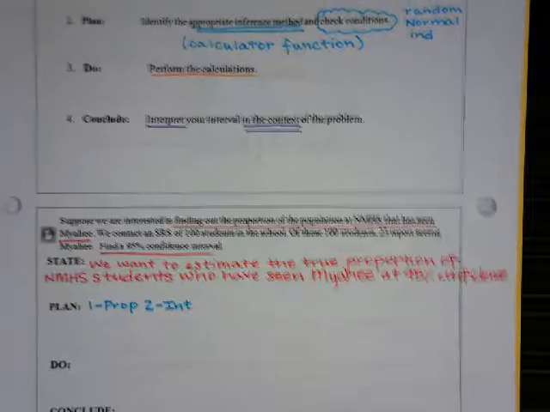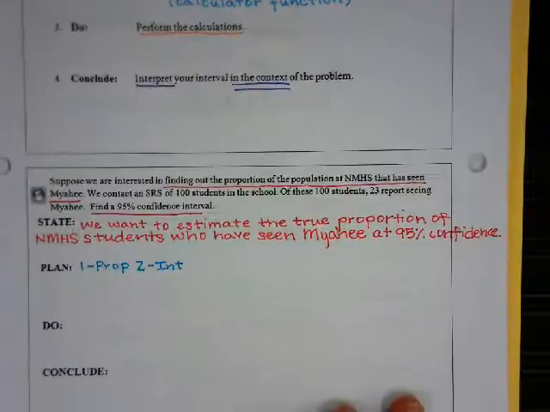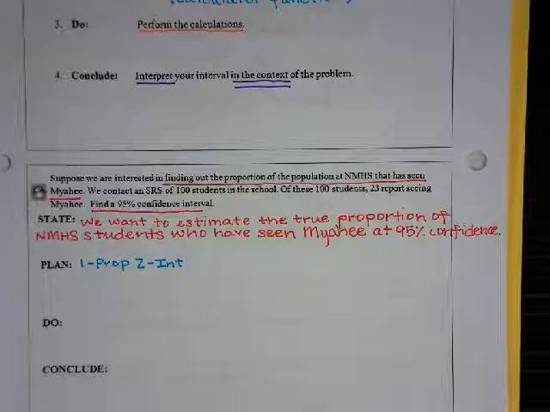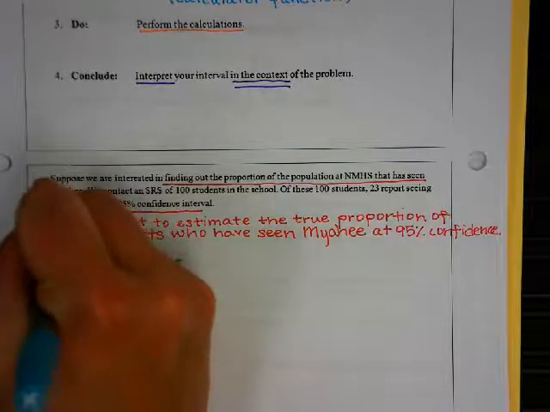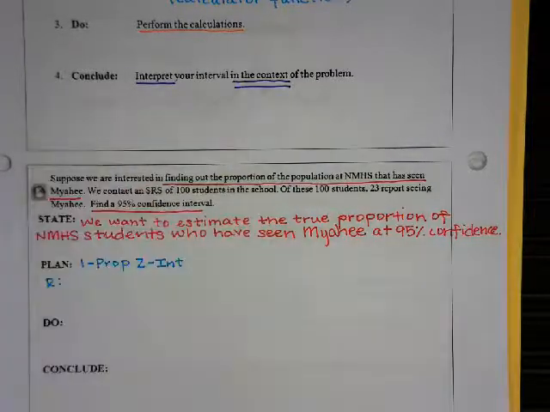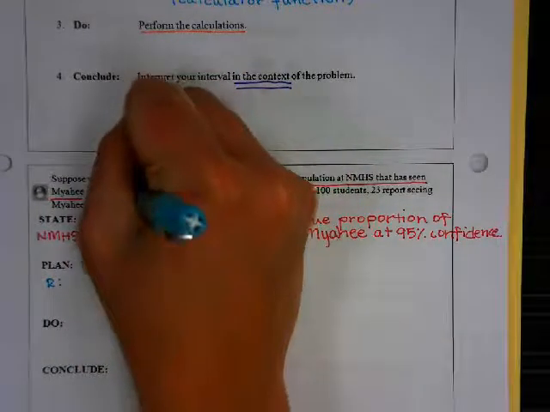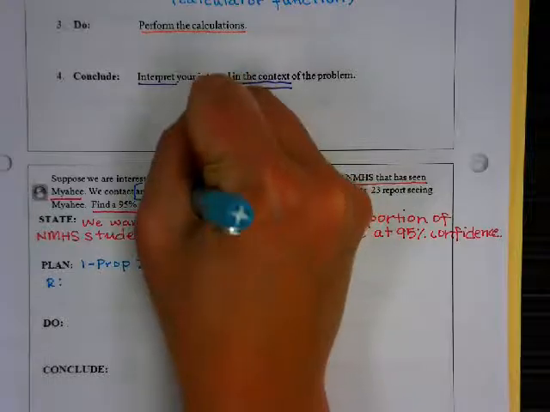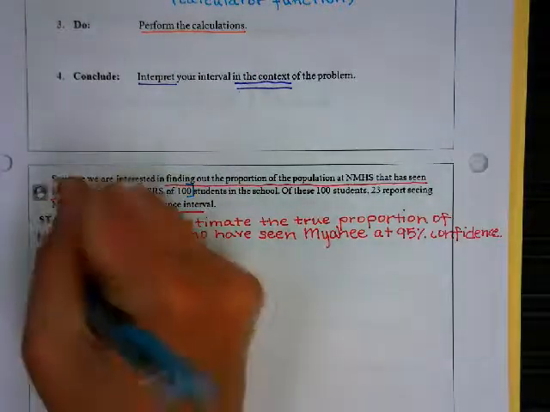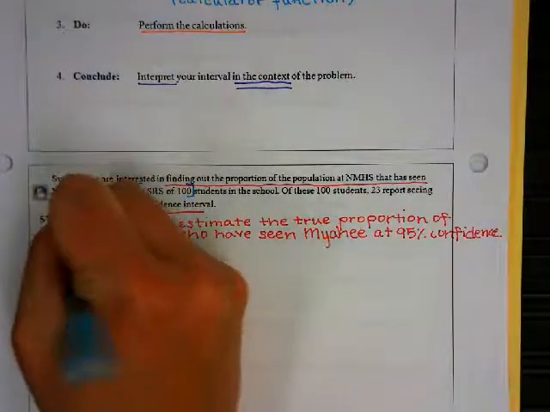Okay. So then we need to check our three conditions. First one is random, which I'm going to abbreviate as R. Most of the time this one's given in the problem. So right here it tells us we looked at an SRS of 100 students. So I'm just going to quote it, SRS of 100.